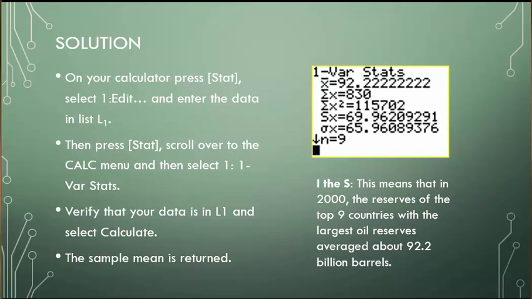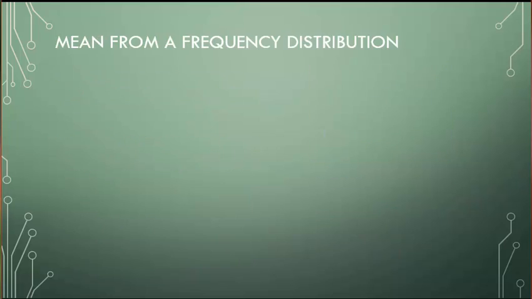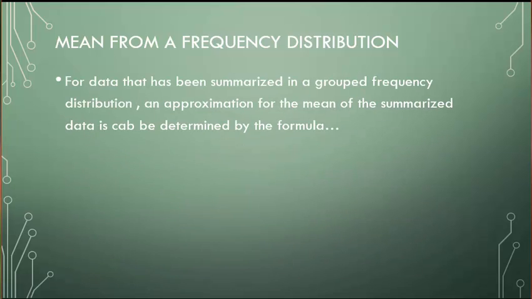Now, let's expand things out just a little bit and see what happens. Let's tie together what we talked about back in section 7.2 to this idea of the mean, approximating the mean from a given frequency distribution, in other words, a grouped frequency distribution. For data that's been summarized in a grouped frequency distribution, we can approximate the mean by the following formula.